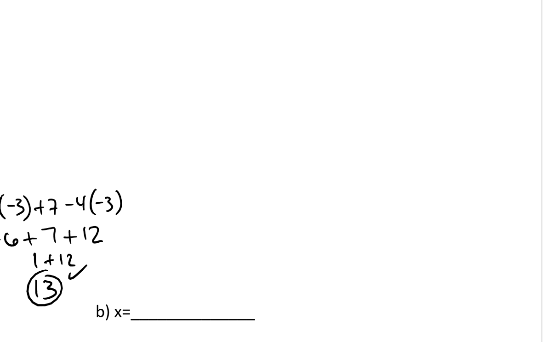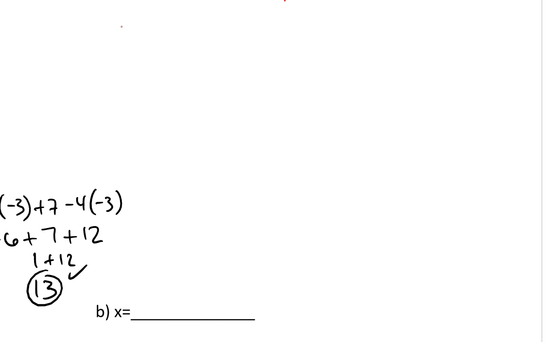The thing that I immediately am drawn to are these fractions and the fraction buster technique. So what I'm going to do is multiply both sides of this equation by 4, and it'll clean up all the fractions that I see. It'll take care of this, and it'll also take care of this fraction. So let me go ahead and do that methodically.